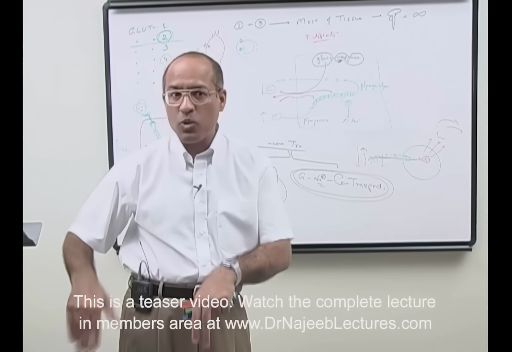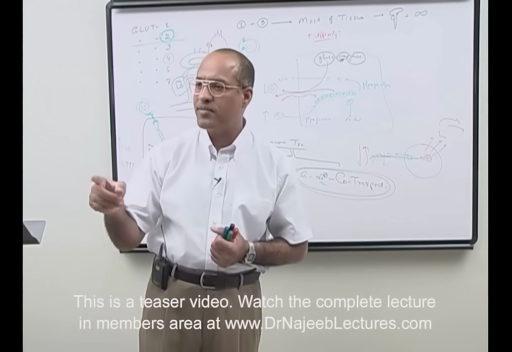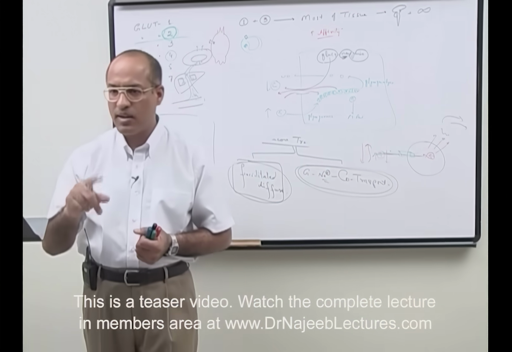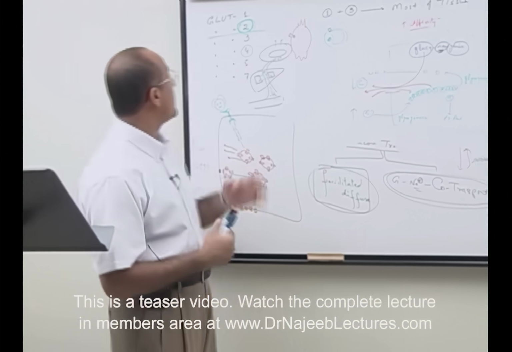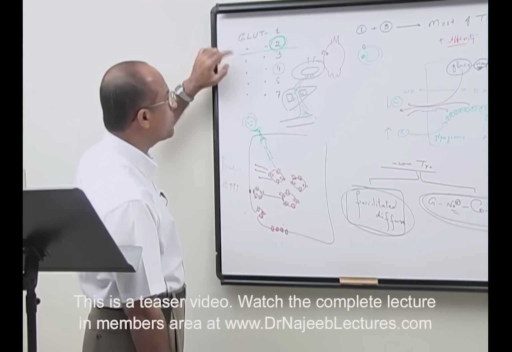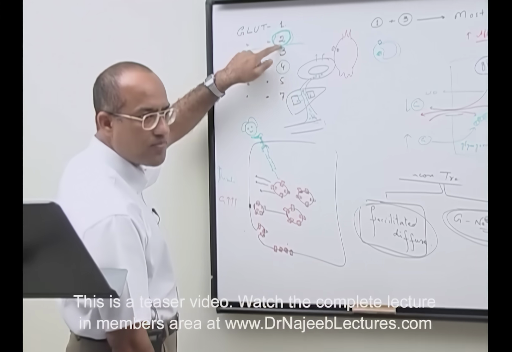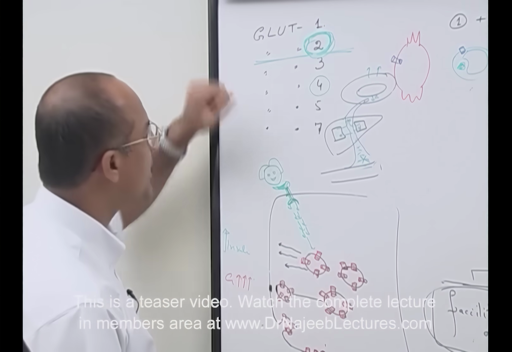Of course, they want to release this glucose into blood. So those two tissues plus the third tissue, which one? Beta cells of the pancreas. So we know type 1 and type 3 are present in most tissues, especially in RBCs and brain. Type 2 are in the liver, kidney and beta cells of pancreas.